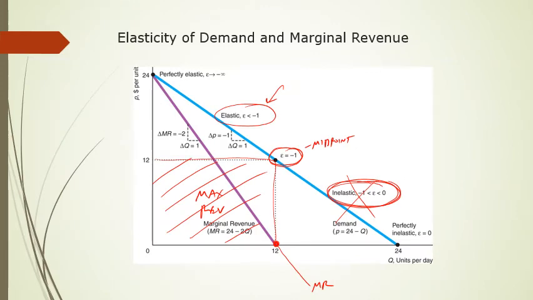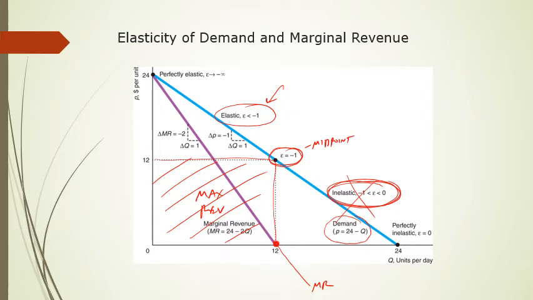This relates to the elasticity of demand and also where we maximize revenue. So notice here that demand is downward sloping and P is equal to 24 minus Q. That's our demand function, and that gives us the blue line.